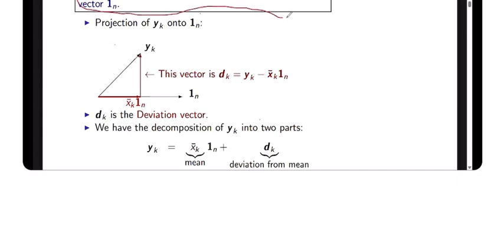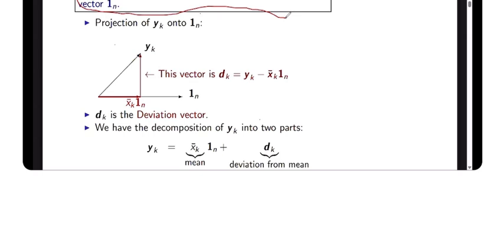I said the sample mean, x bar k, of the kth variable. Don't forget, we have several means, one for each variable. If I want to talk about a particular variable, that corresponds to the multiple of 1n required to give the projection of yk onto the vector 1n. So that's what I mean.